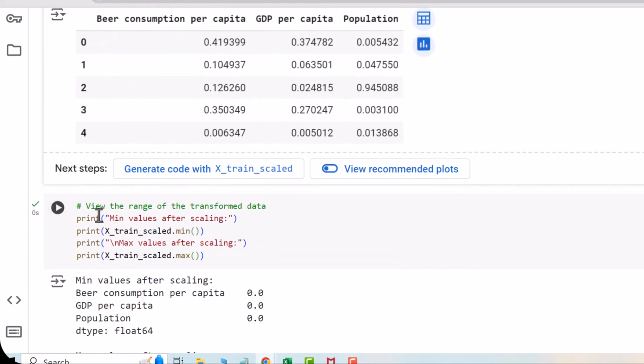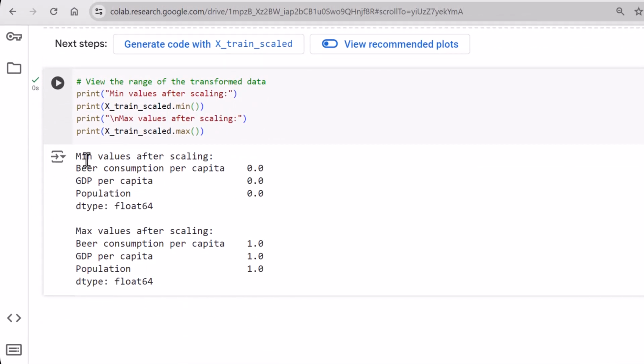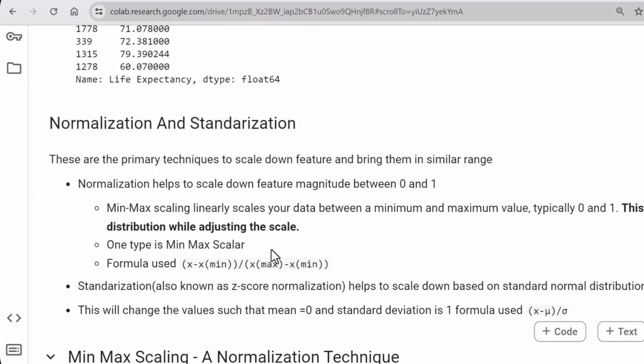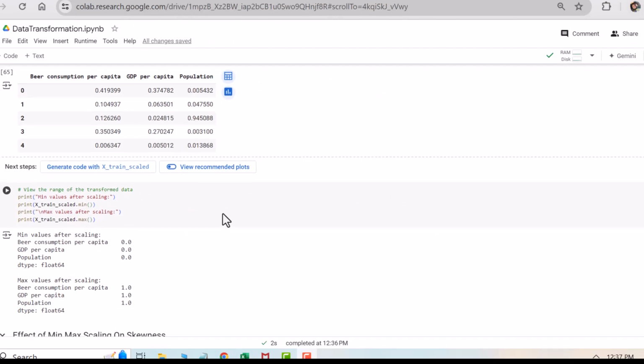We can also check the minimum and maximum values after scaling. If we see, the minimum value after scaling is 0 and the maximum value is 1, which was the main functionality of min-max scaling, which said that it will typically bring the data between 0 and 1. So clearly we can see that min-max scaling is solving the problem of different scales of different features.